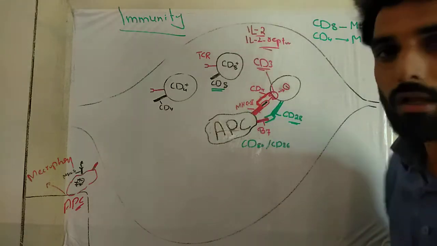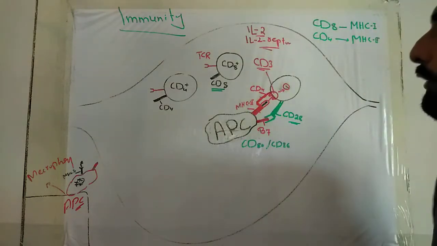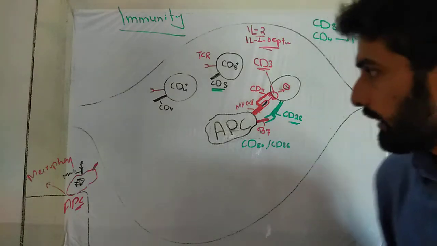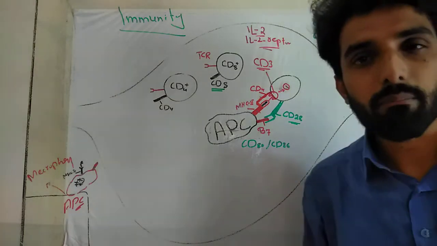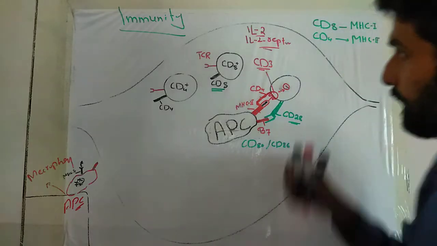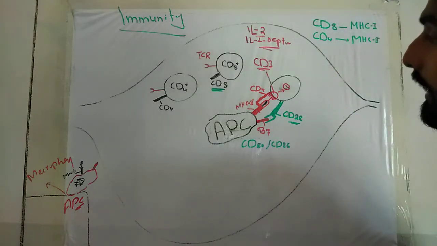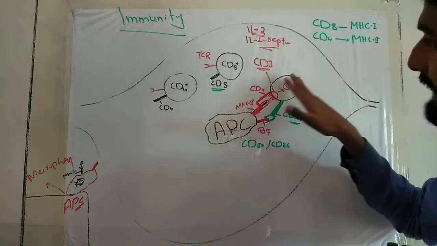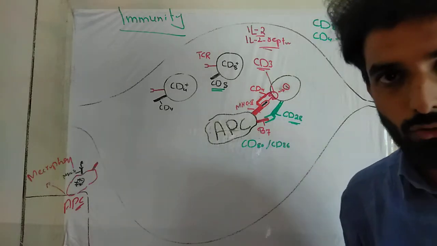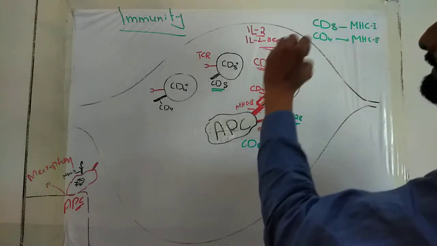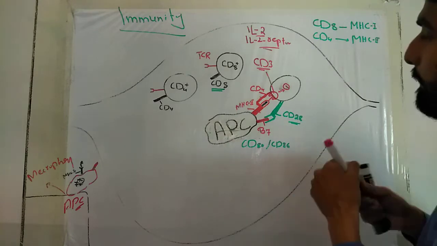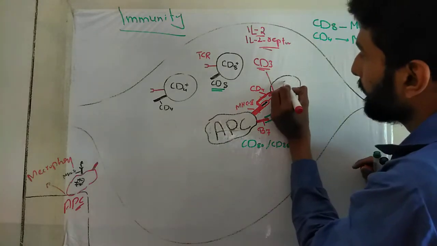Both interleukin 2 and interleukin 2 receptors are basically proteins, so obviously they must have some gene on the DNA. So both genes will start expressing after CD3 sends the signal to the nucleus, to the DNA. So when there is expression of interleukin 2, it means there will be formation.